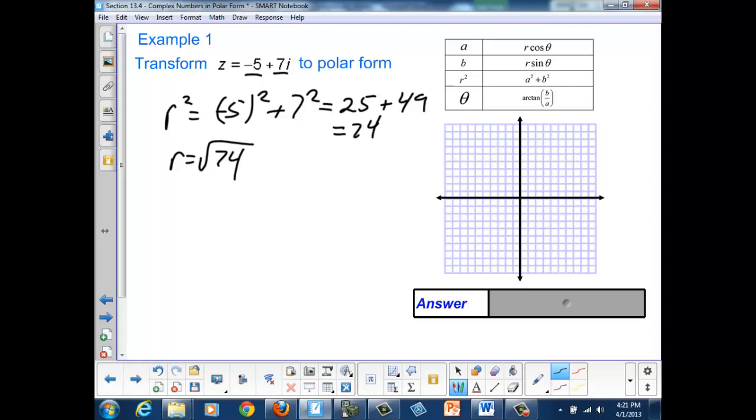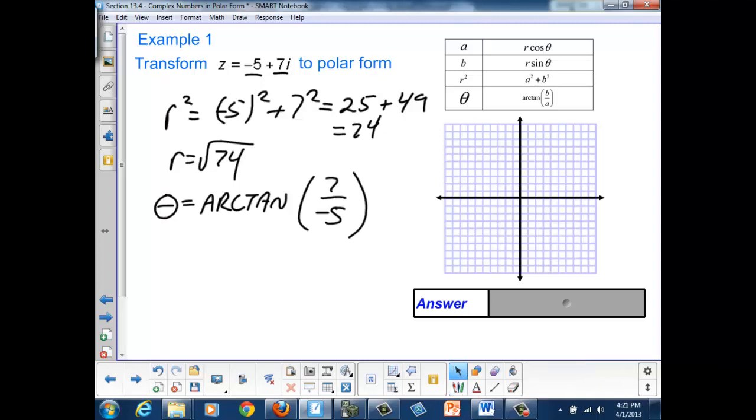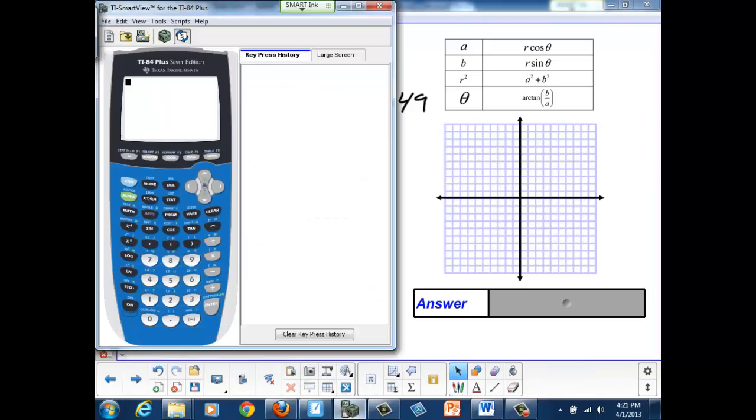Now, theta is going to be the arctangent of b over a. So theta will be arctan of 7 over negative 5. If we pull out our calculators, we'll take the inverse tangent.